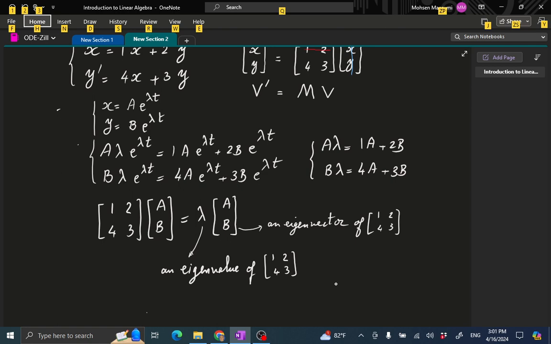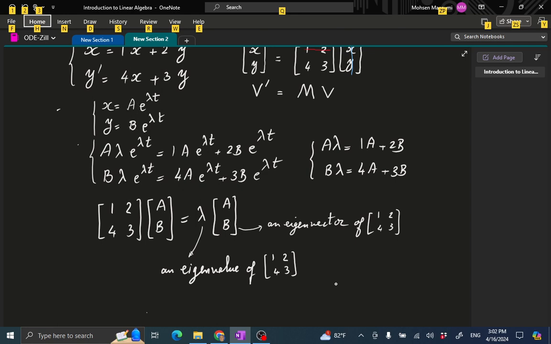From the outset, pay attention that if I find a and b as some numbers, then if I double them, that's also a solution. If I triple them, that's also a solution, and so on. Also notice that a and b equal to 0 is always a solution, but that is like saying x equal to 0, y equal to 0 is a solution.